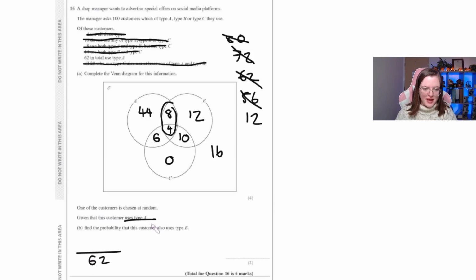So 62 use type A, and how many of those people also use type B? Well, that's overlapping there, and these guys, so 8 plus 4, that is 12. And that then is our answer, 12 over 62. And that overall then is 6 marks. And there we are, on we go.